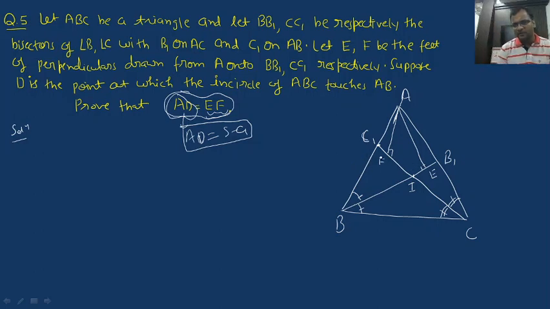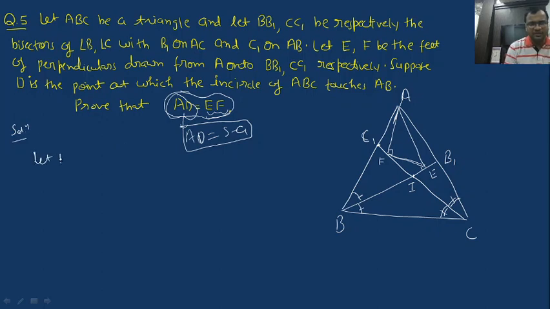So I am going to join E and F. Now we have to find out the length EF of this triangle AEF. So what I am going to do, take the reflection.